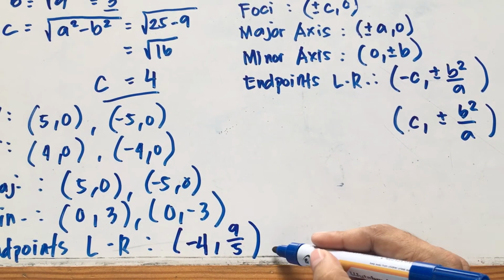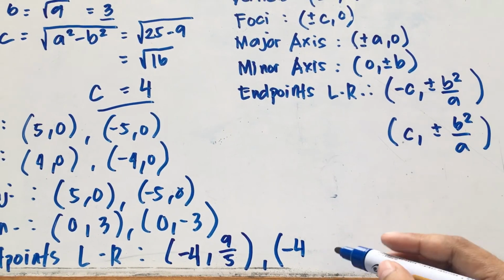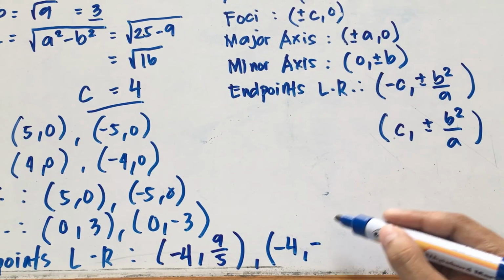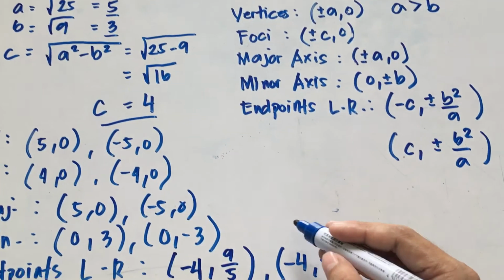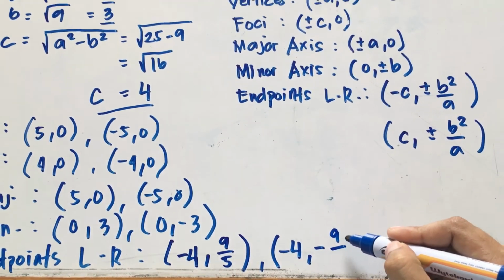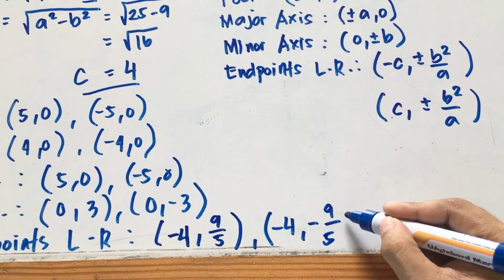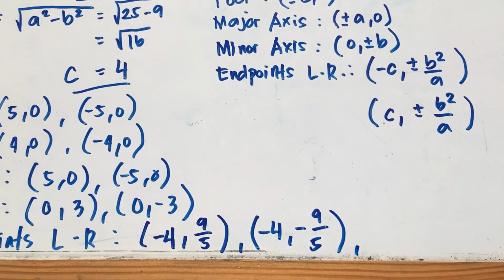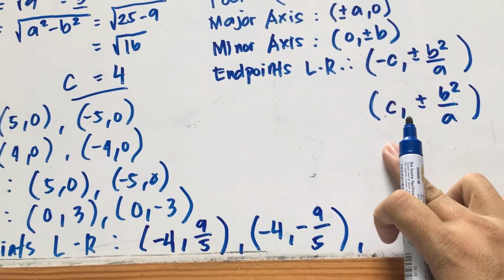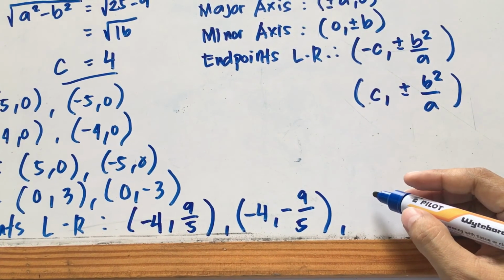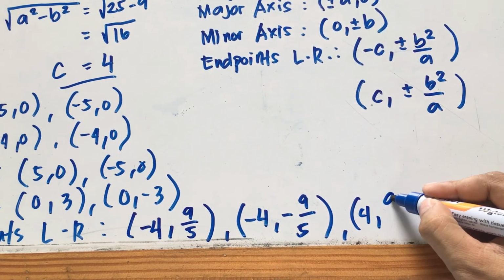Next, again negative 4 for negative C, but this time you have to go for the negative sign. Your B squared is 9, and again your A is 5. So be careful on those things. Okay, so you already have two endpoints. Let's go down to the other, positive C endpoint. That is positive 4 and positive 9 over 5.